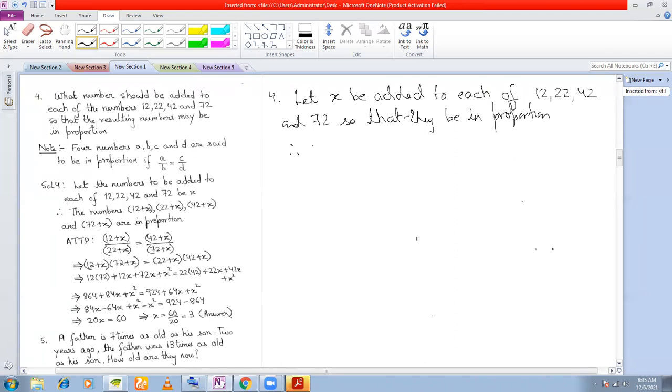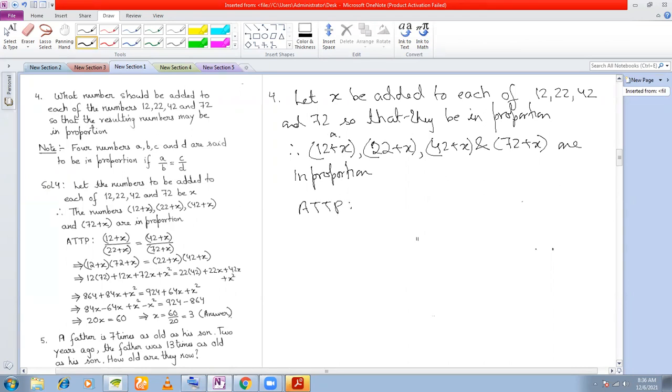Therefore, what can you say? 12 plus x, 22 plus x, 42 plus x, and 72 plus x are in proportion, right? So if they are in proportion, what can you say?